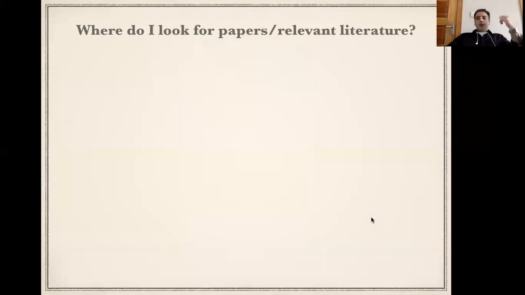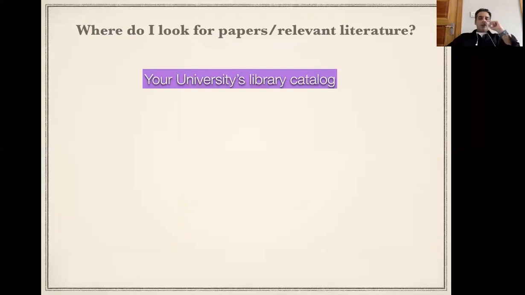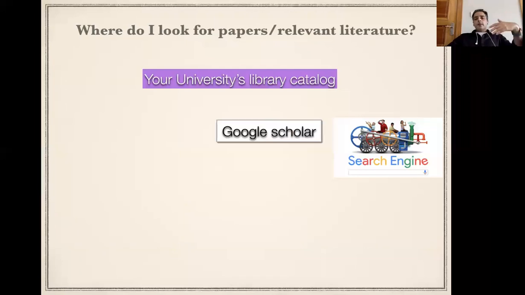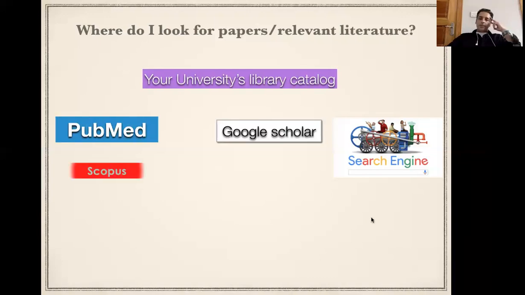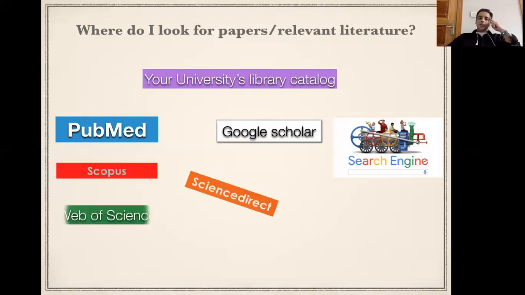Where do I look for papers or relevant literature? I'm sure there is another webinar coming on literature search. You first of all start with your university's library catalog. If that is not adequate, you go to the databases that are available. We've got Google Scholar, PubMed, Scopus, Science Direct, Web of Science.